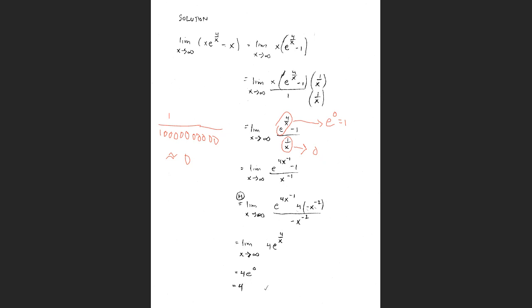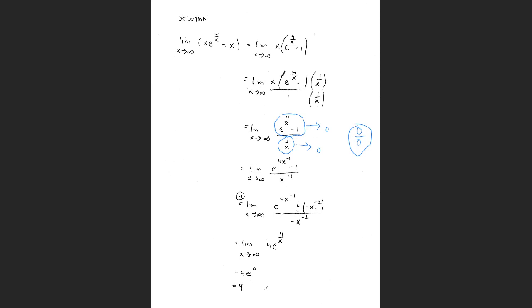So in the numerator, you have 1 minus 1, which is 0. I want to say this the right way. We know the denominator is approaching 0, and the numerator is also approaching 0 as x goes to infinity. So here it is, the indeterminate form 0 over 0, and I'm going to use L'Hopital's rule.